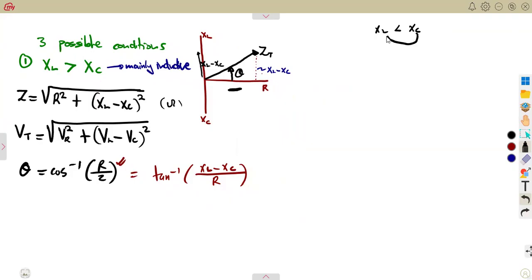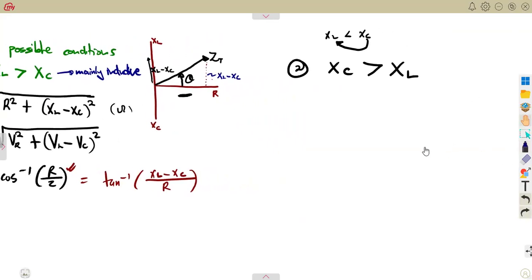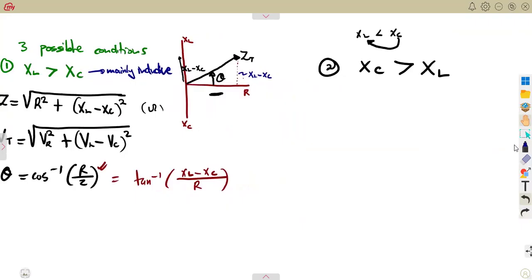It means XC is bigger than XL. The reactance across the capacitor is more than that across the inductor. It means our circuit is mainly capacitive this time.